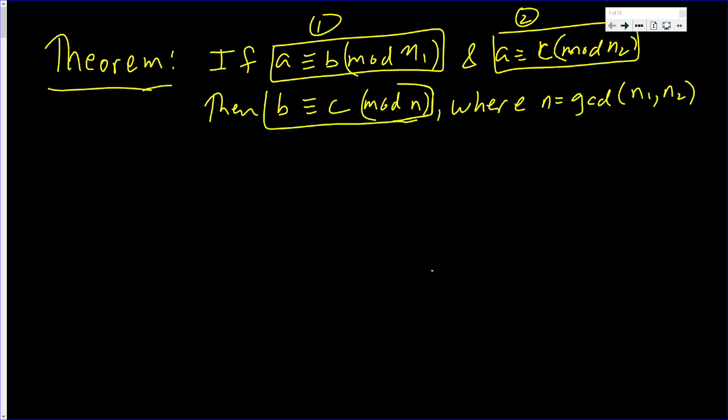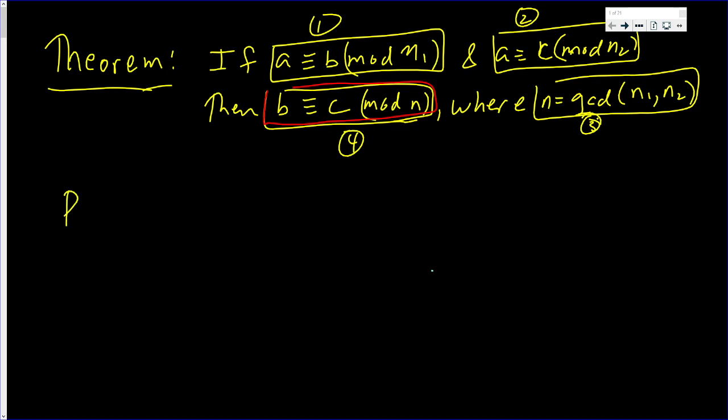And we want to show this piece of information, and we definitely have this piece of information. So this is the only one that we don't really have. We need to show that. In fact, let's call this 3 and 4. So we have 1, 2, and 3.